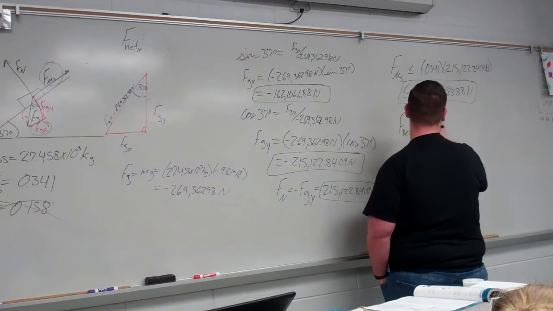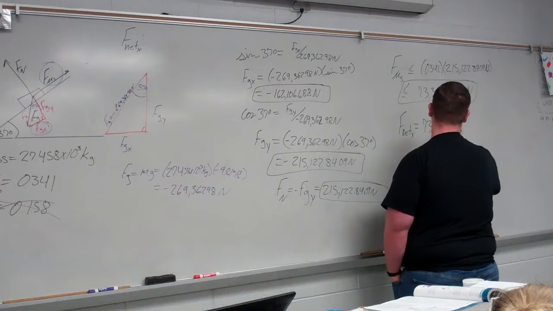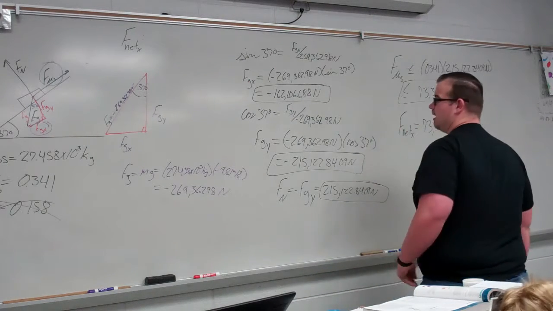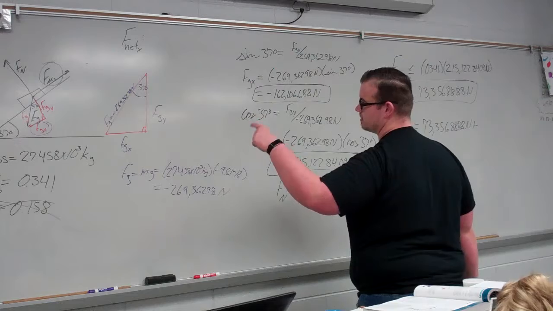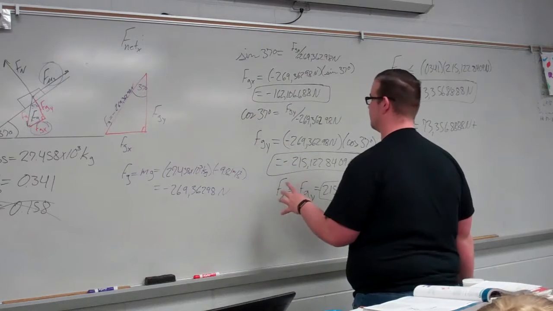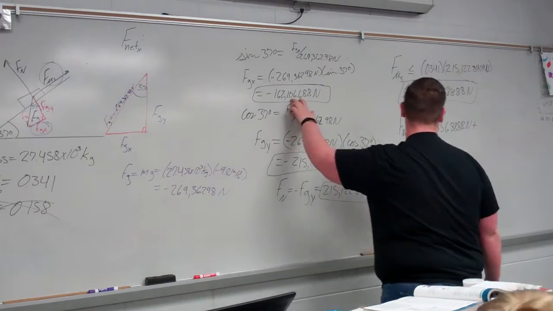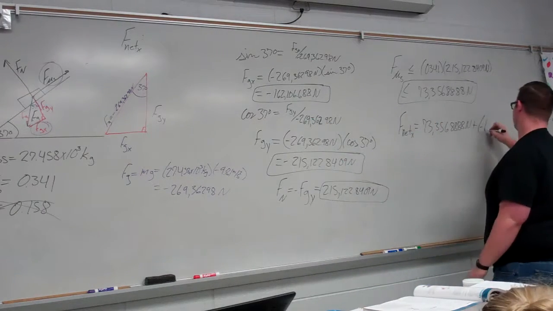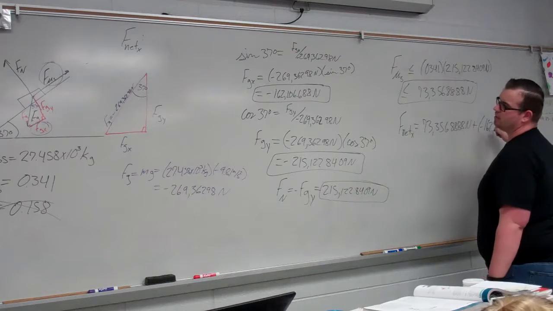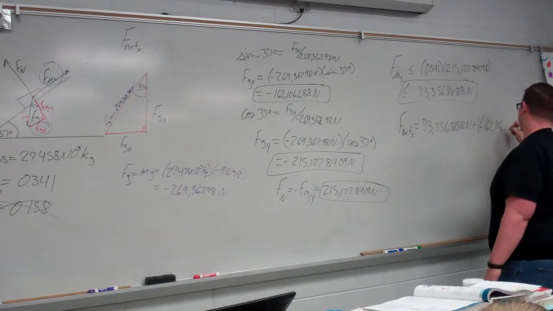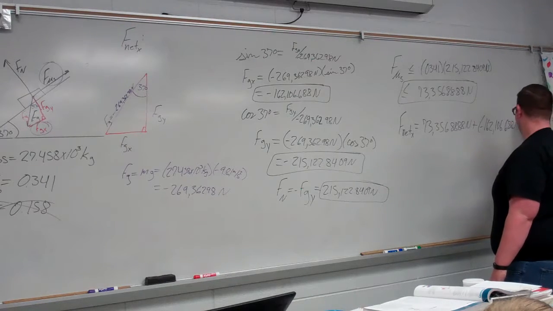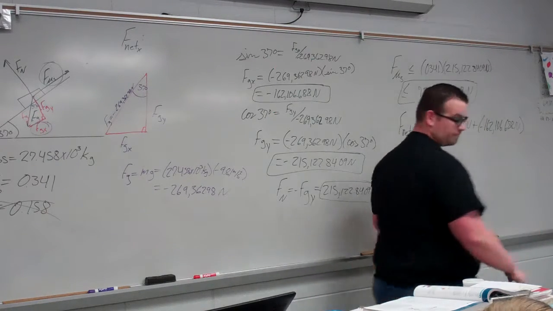is equal to 73,356.8888 newtons plus the force of gravity x direction. Force of gravity x direction is plus negative 162,106.688 newtons. You're going to add those together.